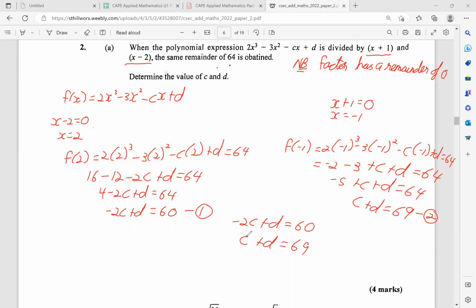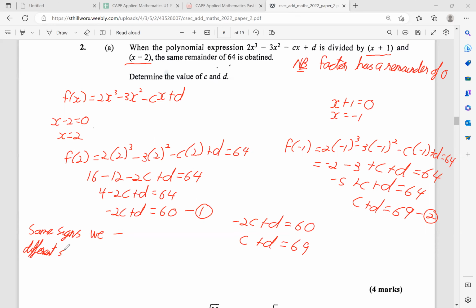Now, whatever technique you use, by all means, right? I like the elimination because the coefficients are the same. So, same signs, we minus; different signs, we add. So in this case, these are the same signs.